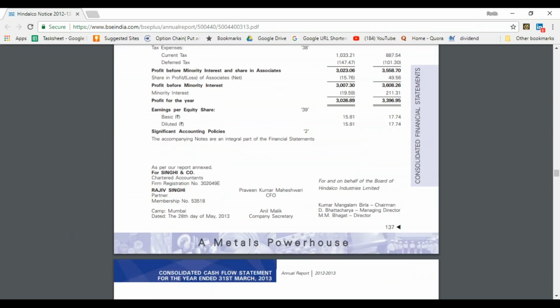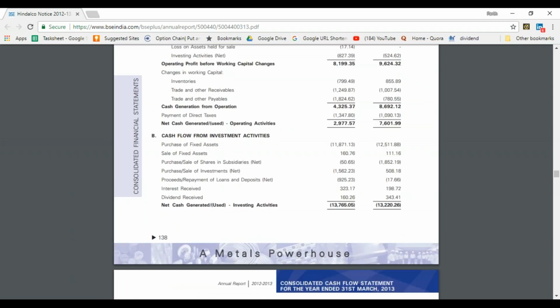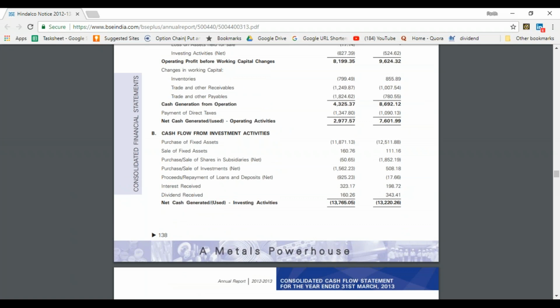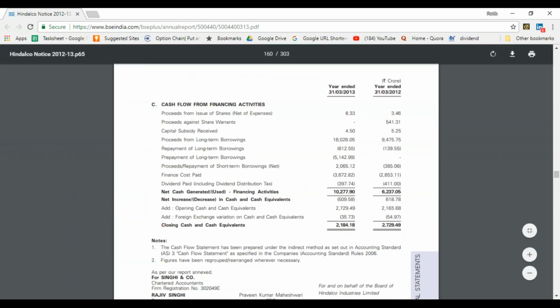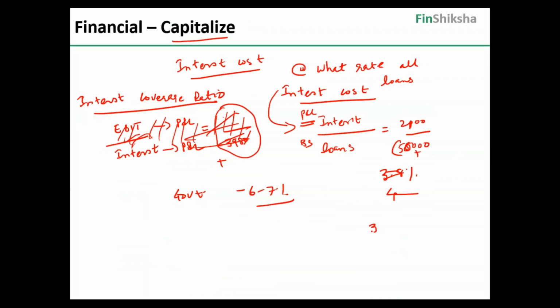If we go to the cash flow statement, under cash flow from financing activity, you will see finance cost paid is to the tune of 3,700 crores, divided by 50,000 or 55,000 crores. So if you do the math, you will understand that this loan will be at around 6.72%.